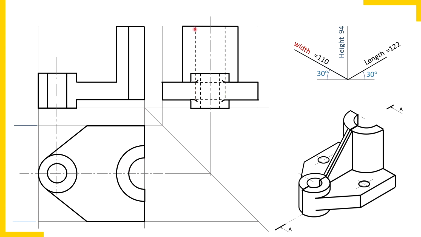Check. These dotted lines are up to the end projectors here. This slot we have shown not just in the semi-cylinder, but in the horizontal plate also. So that is why these dotted lines go up to this horizontal. Check. Okay. So this is how we have completed that semicircular slot in all the three views.